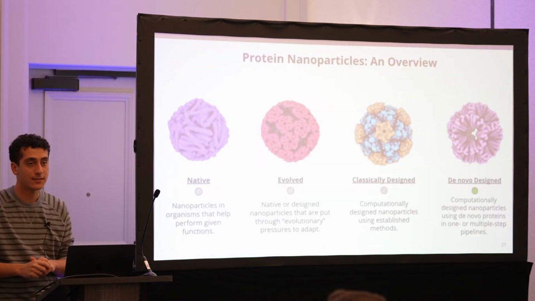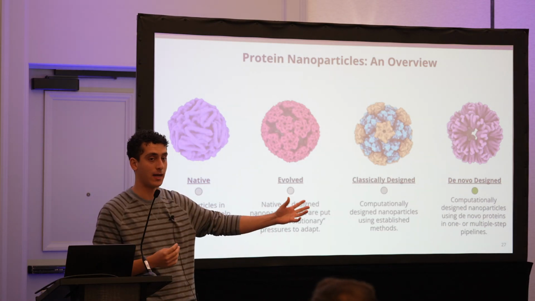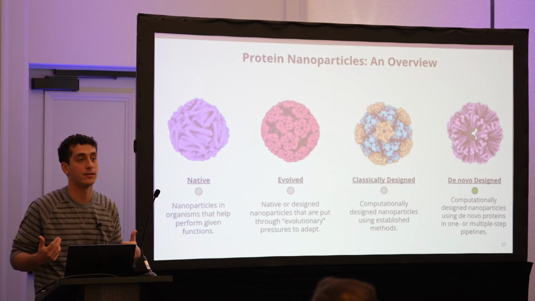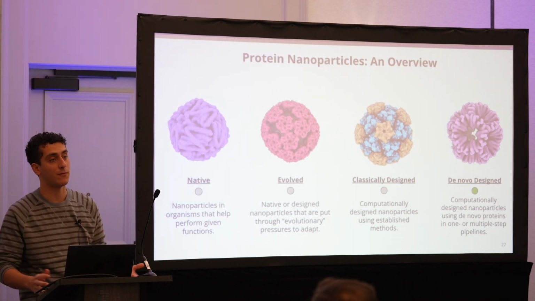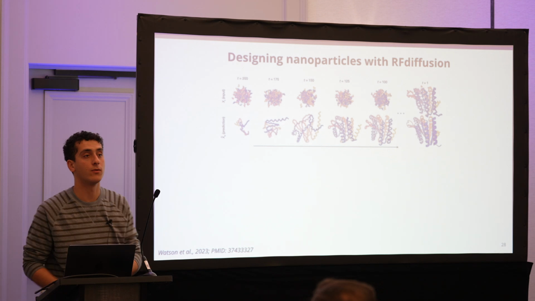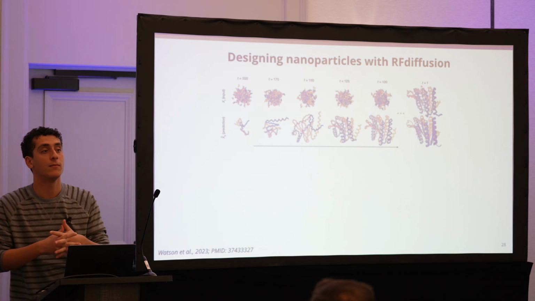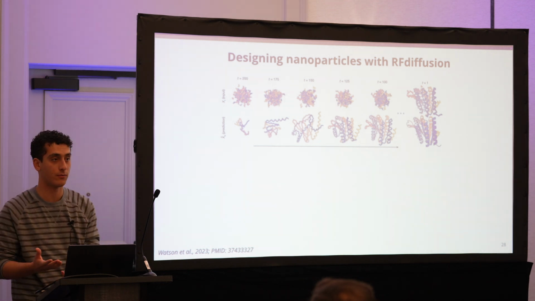Great. And so the last step now is this de novo step. And so I know I talked about previously how you can use RPXdock with de novo oligomers to do the same pipeline, essentially. But what if we were able to do this in kind of a bigger one-step fashion? And so you're familiar with this figure from our RoseTTAFold diffusion paper. And the real question is, can you take this and make it not into a symmetric oligomer like a trimer or a tetramer, but can you actually make it into an entire nanoparticle at once?